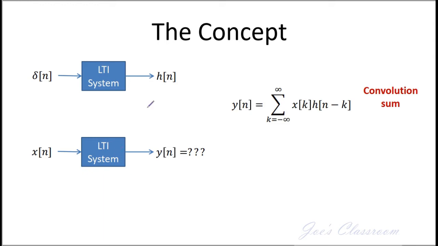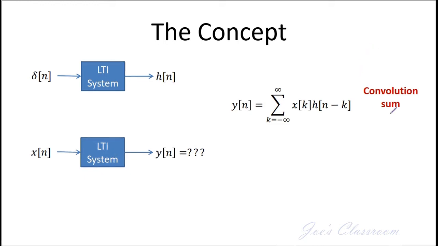Therefore, again I can say this h of n completely represents the system, or the LTI system can be represented by this h of n. In fact, this convolution sum is obtained by exploiting the properties of the LTI system, that is, the property of time invariance and the property of linearity. Therefore, this convolution sum is valid only for LTI systems.